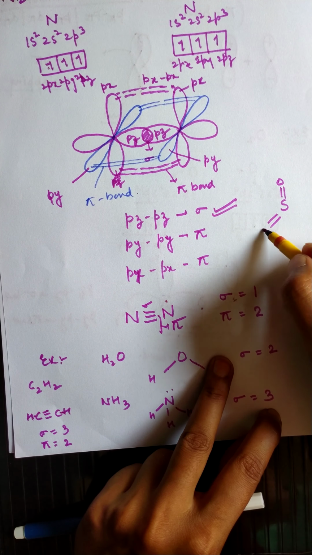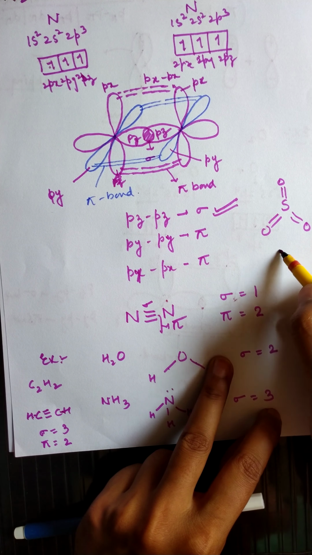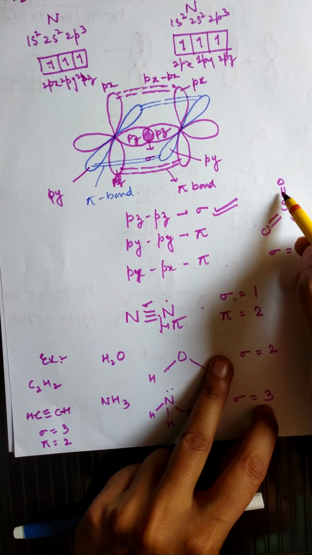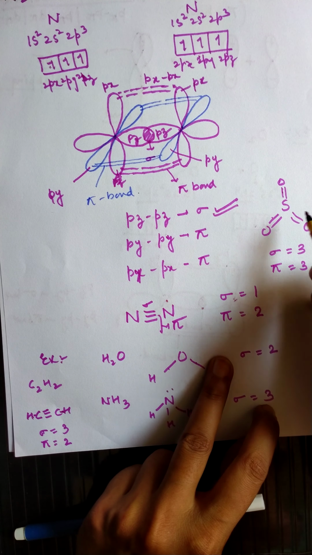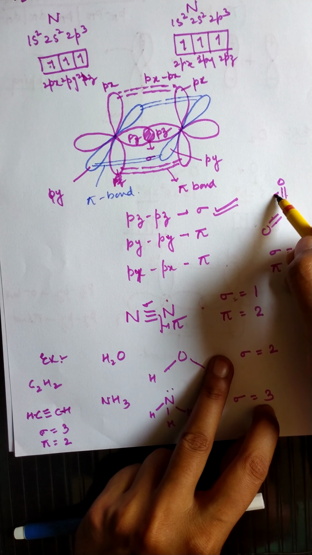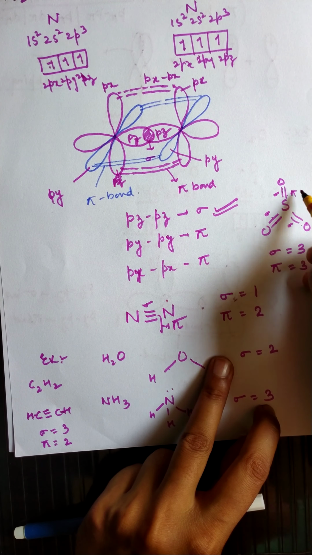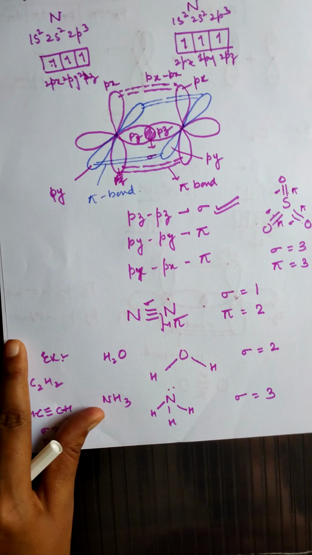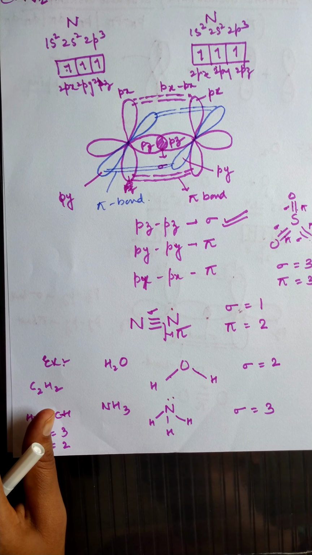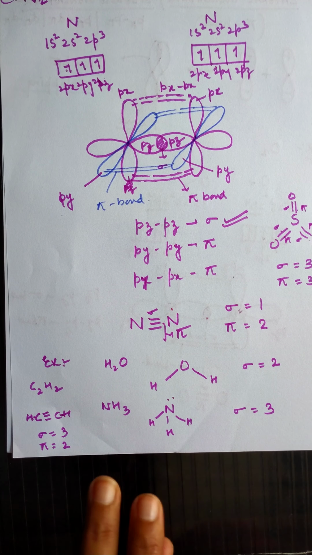The structure of SO3 is like this. So here you can see 3 sigma bonds are there because the first bond formed will be sigma, and the total number of pi bonds is also 3. The second bond is pi. This is sigma, sigma, sigma. Second one is pi, pi, and this one is pi bond. So in this way you can calculate the sigma bonds as well as pi bonds.